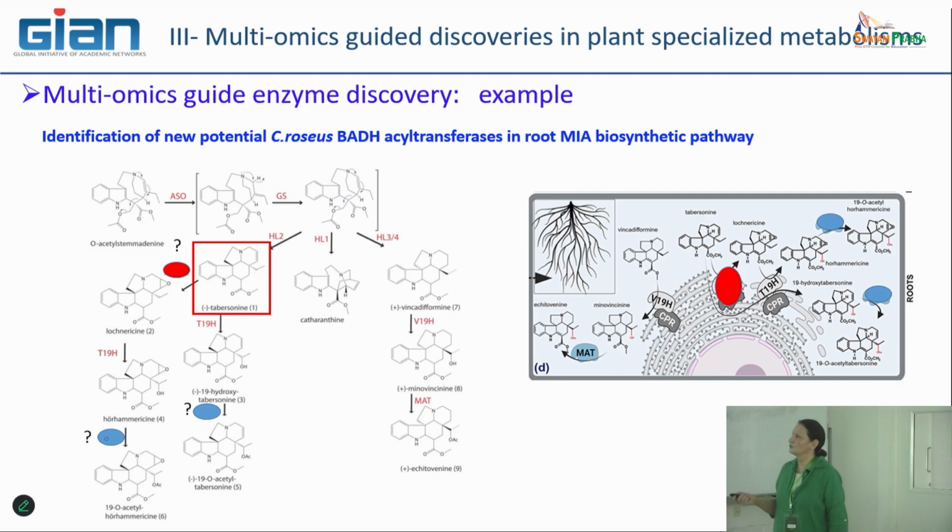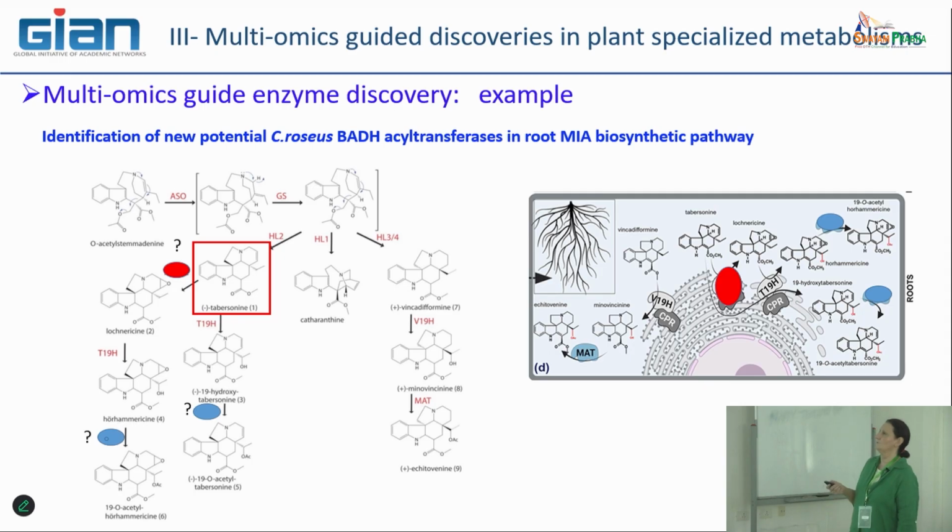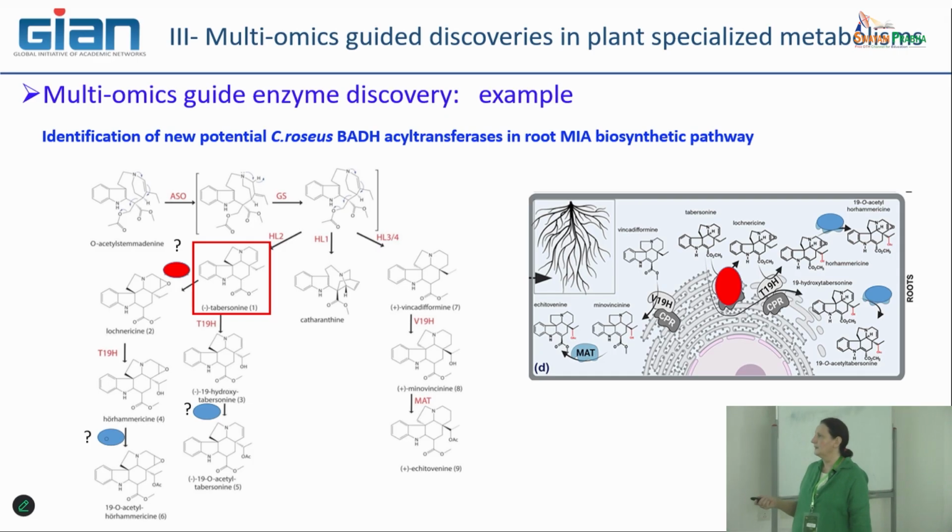But they share the first precursor, tabersonine, because tabersonine is produced in the leaf, and afterwards it is driven across the xylem and phloem until the roots, and in the roots it can be used as a precursor for the biosynthesis of several other sets of alkaloids that also have very nice biological activity, in particular lochnericine, but also acetyl tabersonine and acetyl hydroxytabersonine.